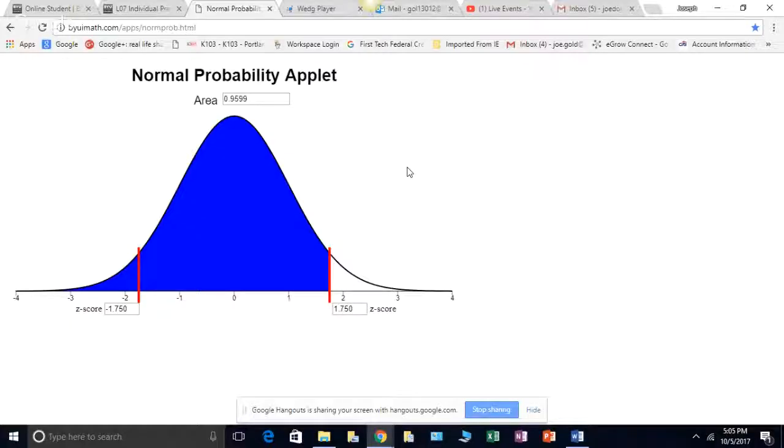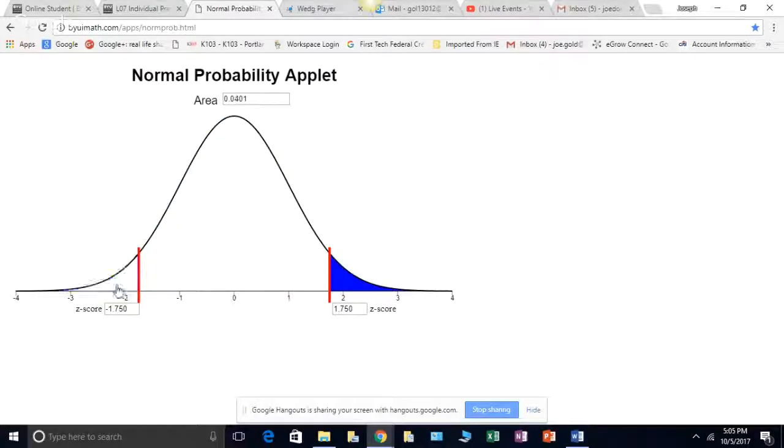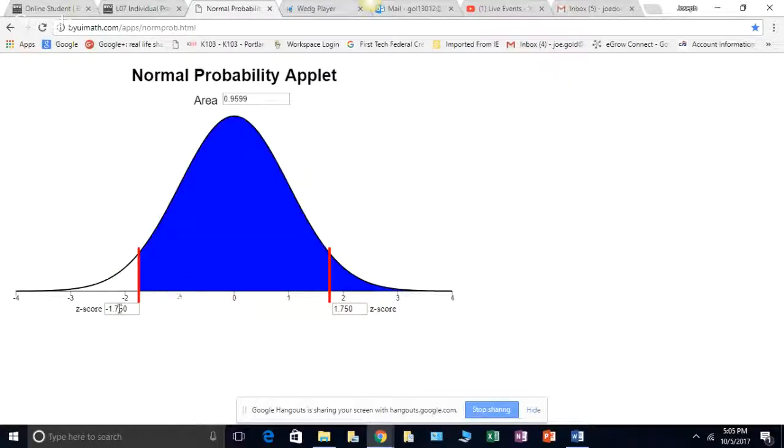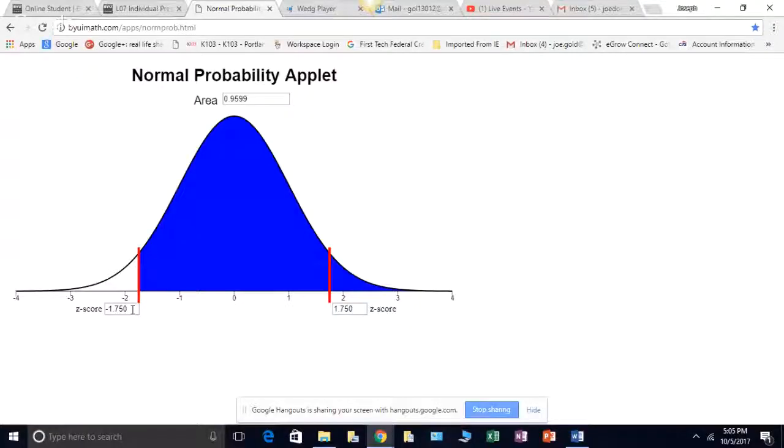So easy. Sorry. That is the answer. Because it's greater, it was a negative 1.75, not a positive. My bad. And then 15 is the exact same principle. It's 37.5 minus 40 over 12 over the square root of 36.